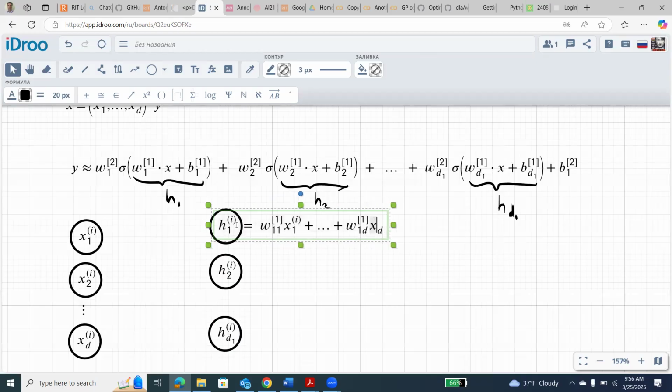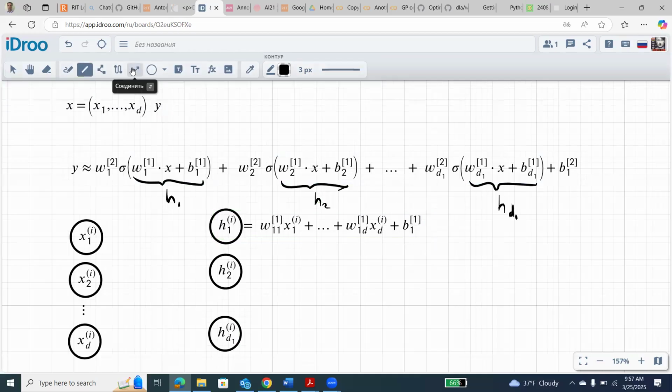So just the dot product with features plus bias. And we can denote this as follows. So to calculate H1, we should use all the features, x1, x2, and so on.